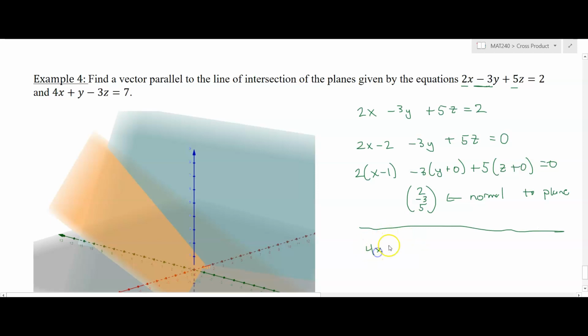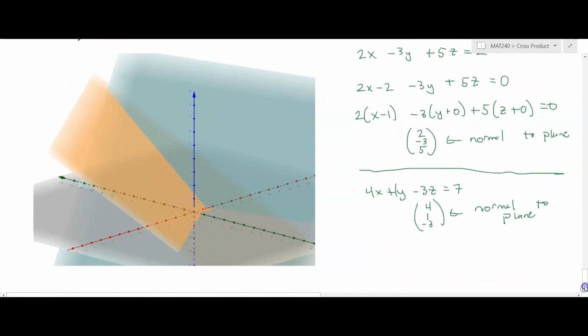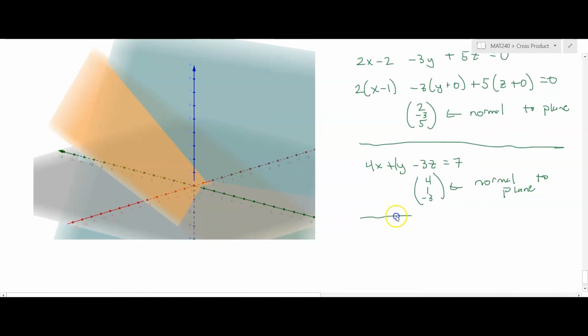So if you're given the equation of a plane, it's pretty straightforward to grab that normal vector. Again, 4x plus y minus 3z equals 7. I don't really need to rearrange things because I'm going to factor a 4 here, a 1 here, and a negative 3 here. So the vector 4, positive 1, and negative 3 is, again, normal to that plane. And now the last task is just to find the cross product between these two.